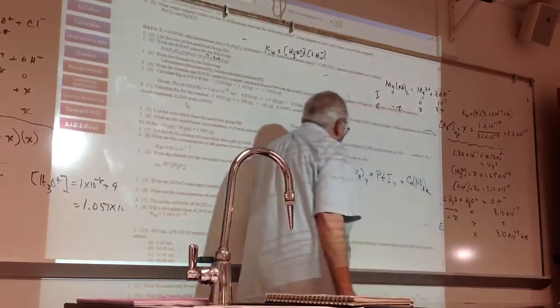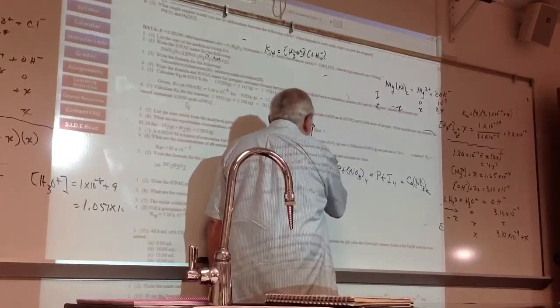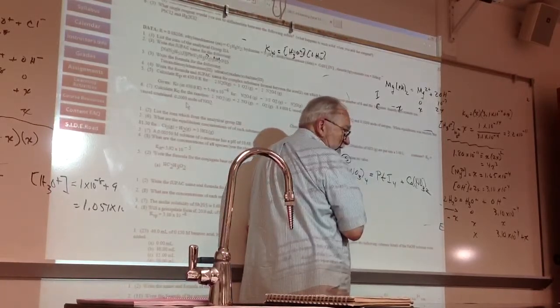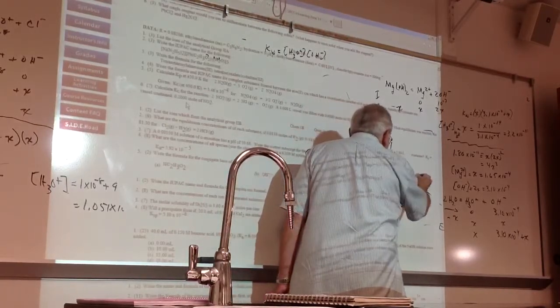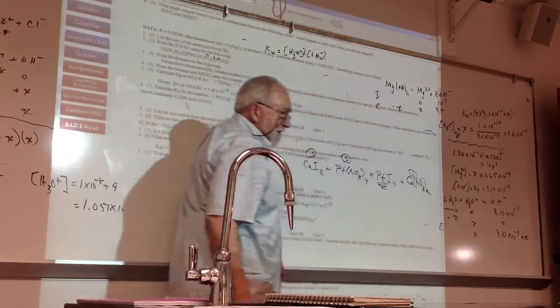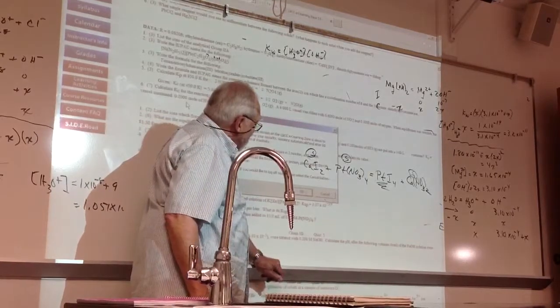Now you don't have to really balance this because that's not what the problem is about, but this is soluble because I gave you the molarity. This is soluble because I gave you the molarity. This is soluble because it has the nitrate. This must be the precipitate. Okay, so that's the one the KSP is given for.